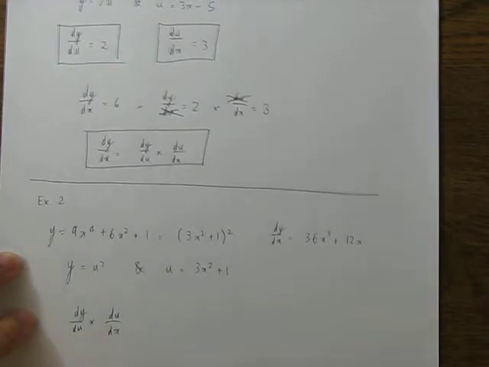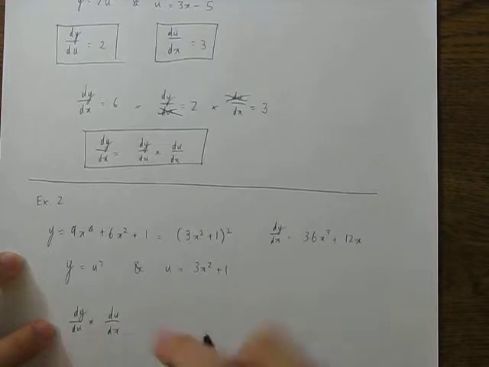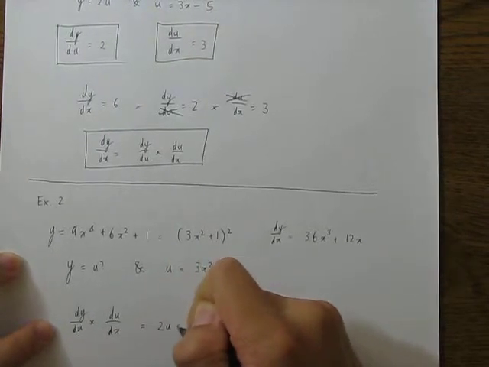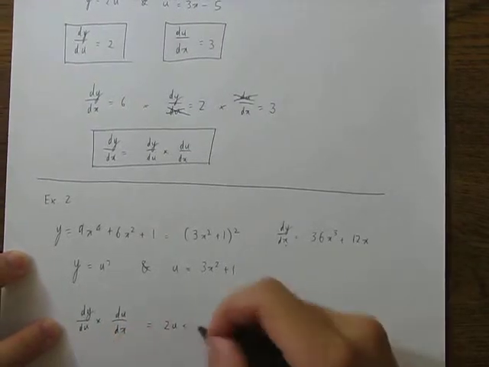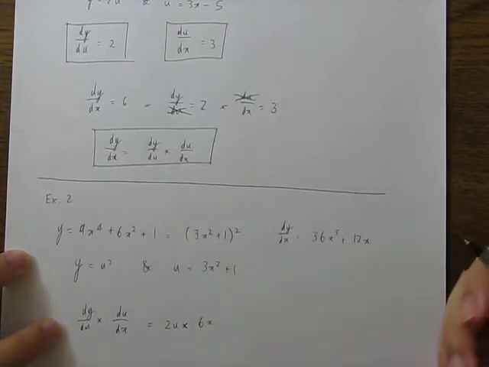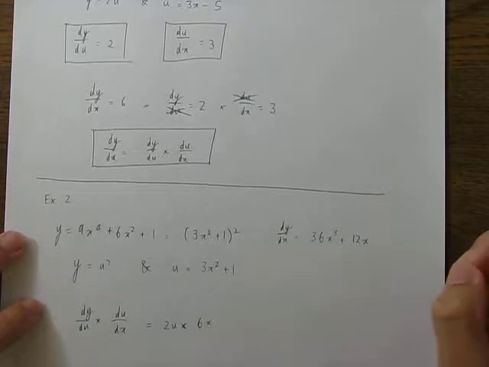So the derivative of y with respect to the variable u is 2u, and the derivative of u with respect to x is equal to 6x.